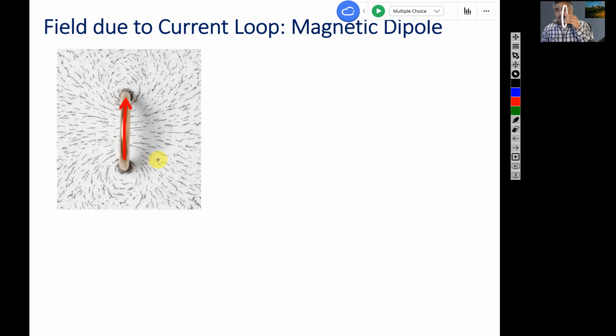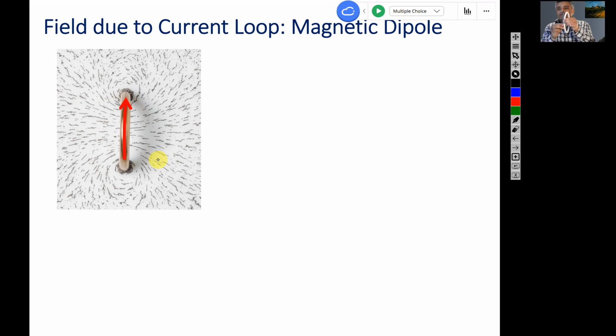It's like a current flowing in a loop, like a circulating electron, remember? Now it's going to produce a magnetic field. Which way is the magnetic field going to be pointing at the center? It depends on the direction of flow of current. Let's say the current is going up at that end.